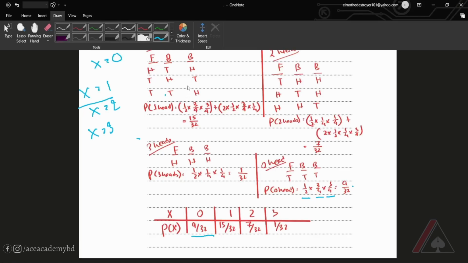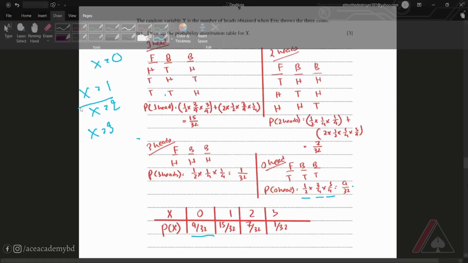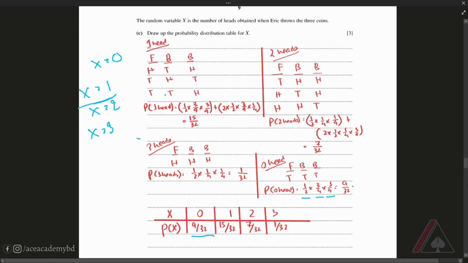Now we find the probability that one of the dice could be a head. So it could be that the fair die could be a head and the other 2 dice could be tails, or one of the 2 biased dice could be a head.